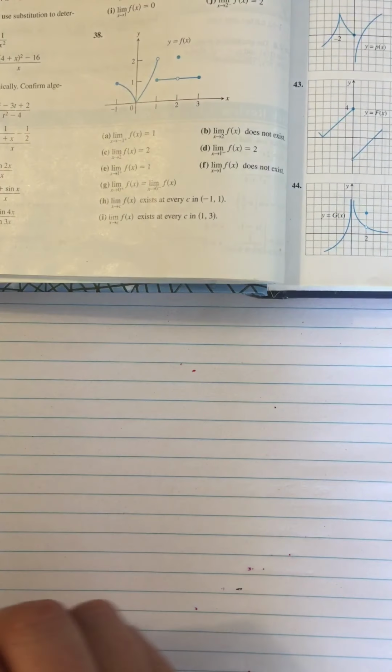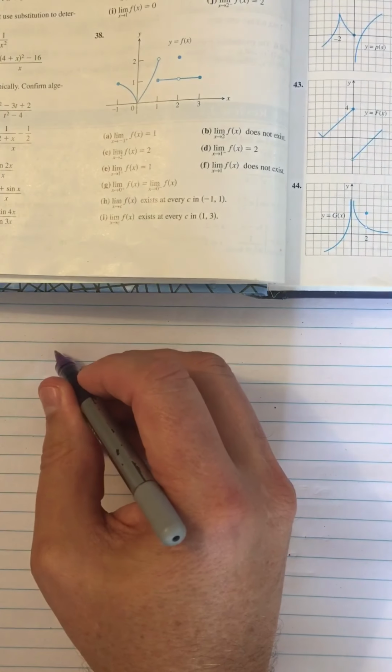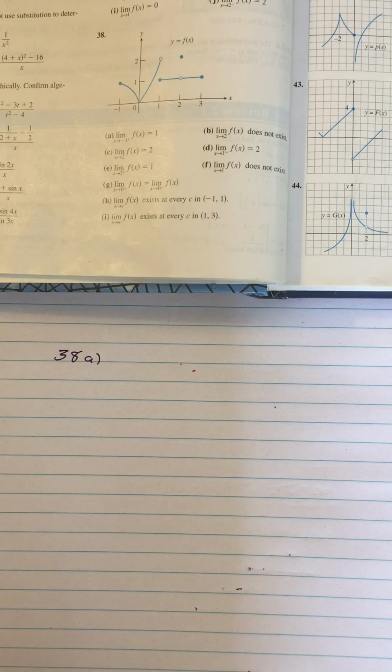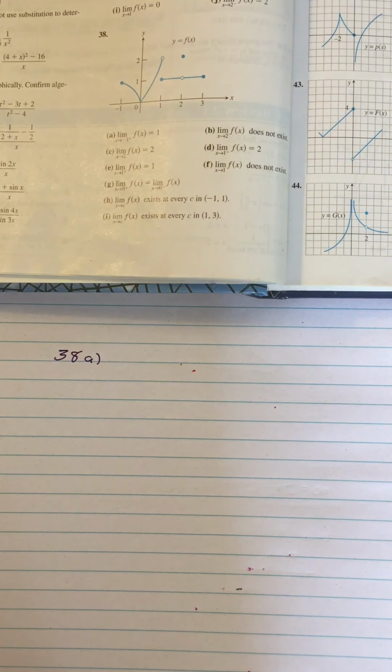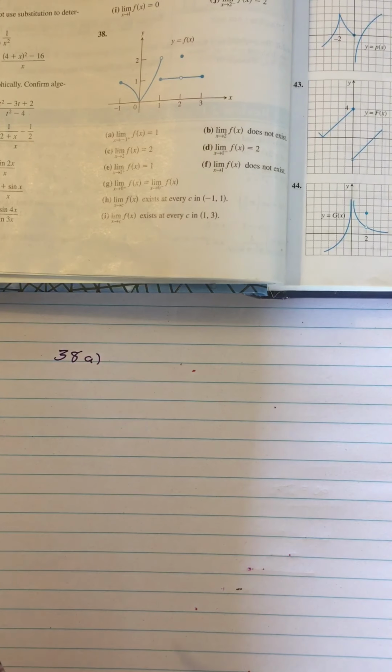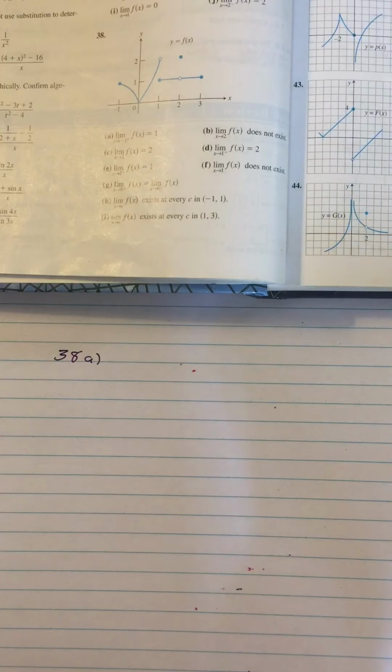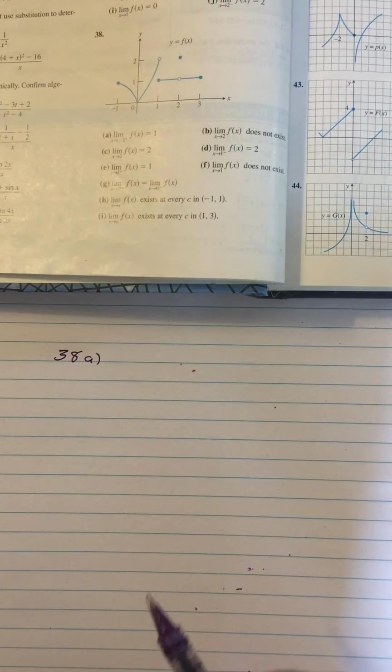So for example, when I'm looking at number 38A, one thing to keep in mind is right hand and left hand limits you don't really have a way to justify. Only full limits you have a way to justify. So what I'd like you to do is, where possible, if it's true, justify it. If it's false, give what the correct answer is.